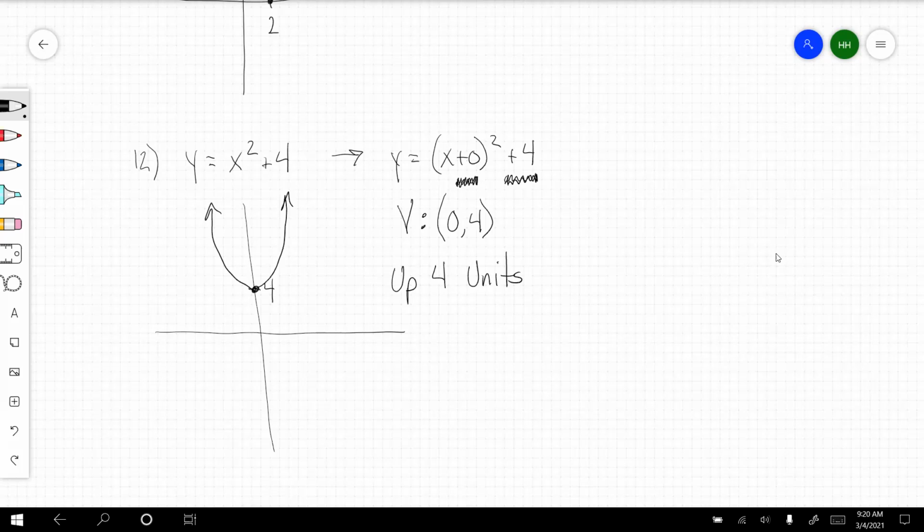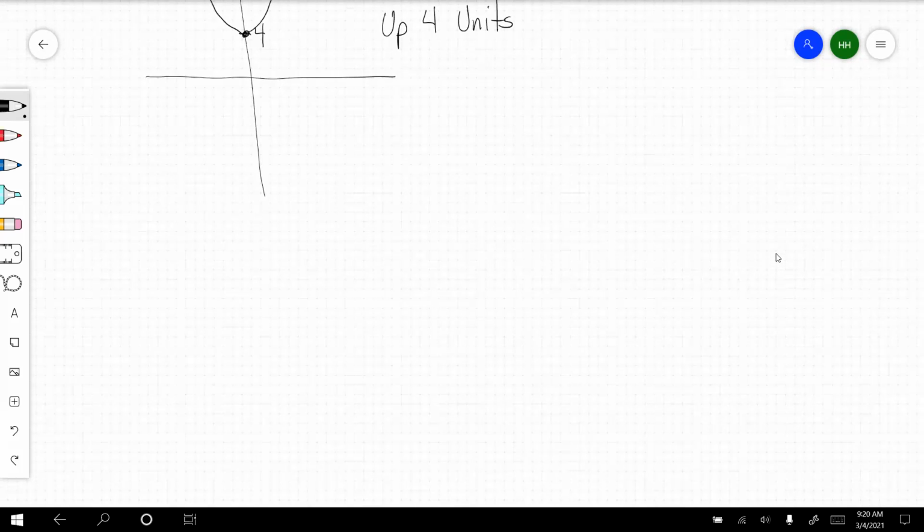So then you've got number 13. y is equal to (x plus 3) squared minus 1. So the vertex here is at (negative 3, negative 1).